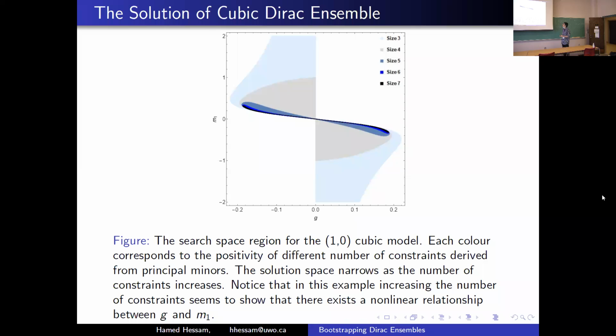And yeah, as you can see, the symmetry is asymmetry. And the black line, maybe it's not clear here on the board. Yeah, it's very small here. So this is the corresponding solution for the cubic case by using the bootstrap.